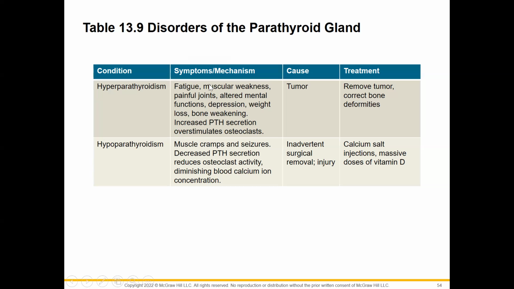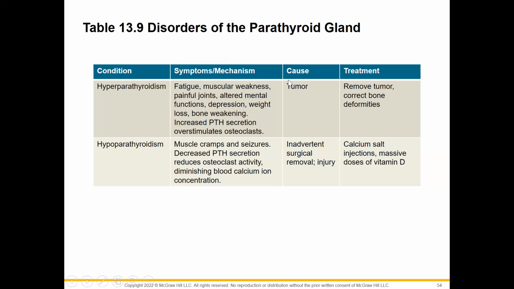So you have painful joints and bone weakening because of that increased function of the osteoclasts. So this person can end up with osteoporosis more quickly.